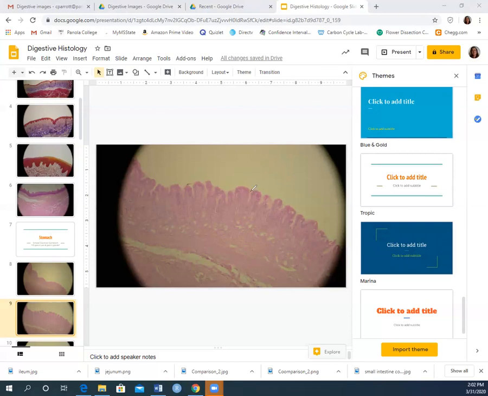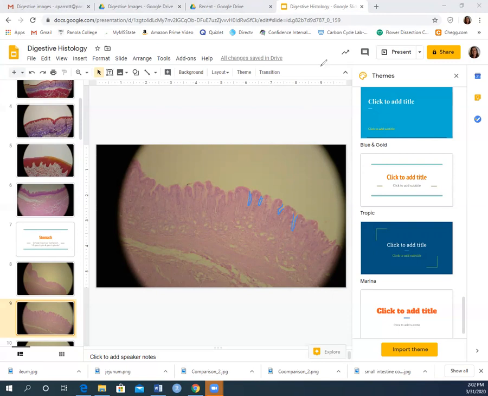You see right where you're having those little pits? I'm drawing them with the blue. Each one of those is a gastric pit.